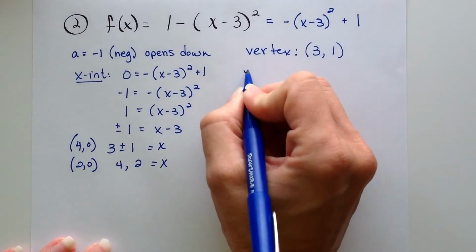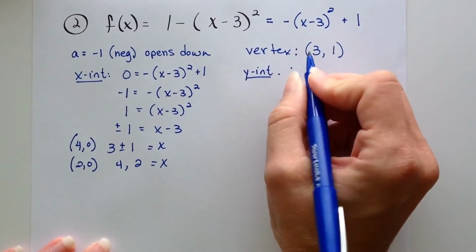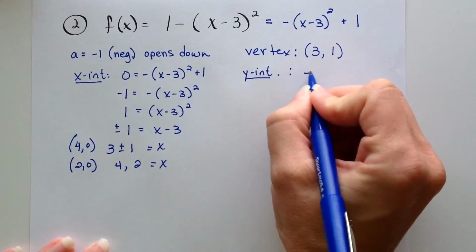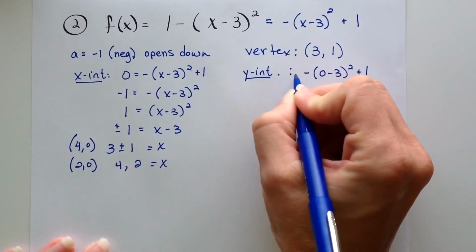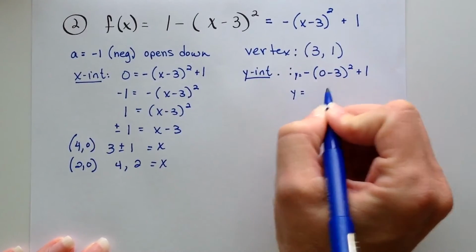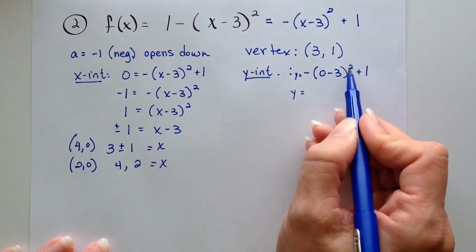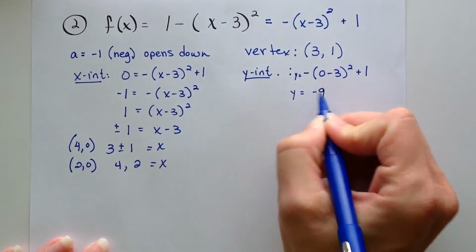Okay, now our y-intercept. So this time we're going to substitute our 0 in for our x. Okay, so 0 minus 3 is -3, and -3 squared is 9, but then you've got the negative in the front, which gives you -9.